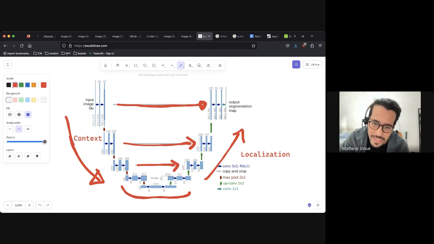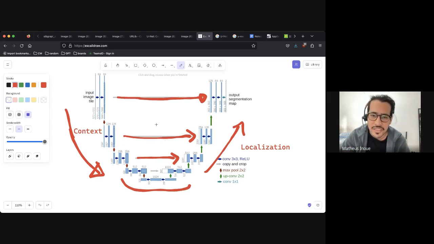So every time you do an upsampling operation, you're upsampling the feature maps that are context rich, but you also have the equivalent, not so rich in context, but rich in the localization aspect, right? Because they have higher resolution, right? So you're combining the high level information, but also where it should be, right? So it's not too bad, right?